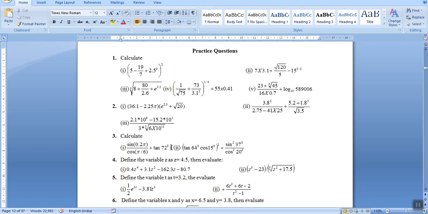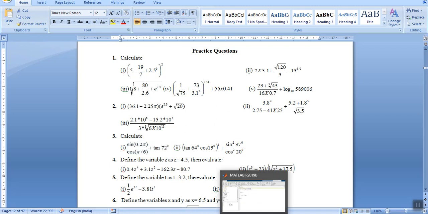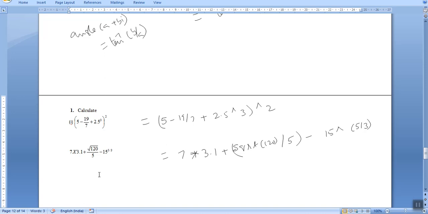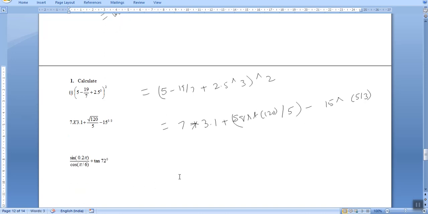So this is trigonometry. I will calculate this value. Very simple. First value in pi: sine pi of 0.2 divided by cos pi.